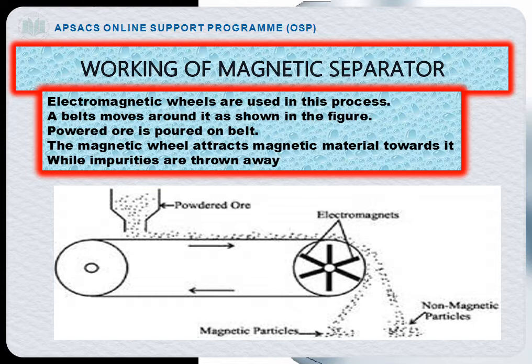The magnetic wheels attract magnetic material towards it while impurities are thrown away. Look at the diagram. Here two wheels are used. The wheel on which we have written electromagnets is basically made of a magnet. These wheels separate the magnetic material while the non-magnetic material is thrown away from the wheel.